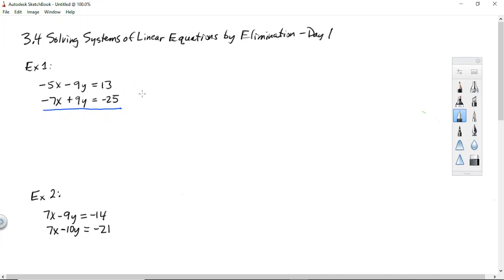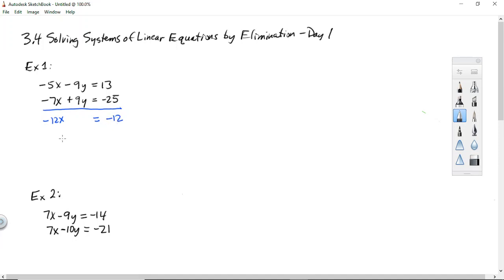So let's add these together. Negative 5x plus negative 7x is negative 12x. And then, as we expected, negative 9y plus 9y is 0y. We don't need to even write that down. And 13 plus negative 25 is negative 12.